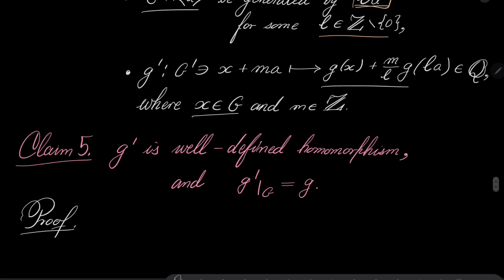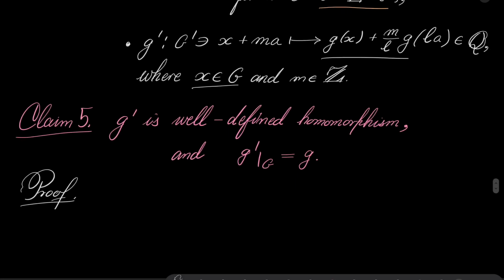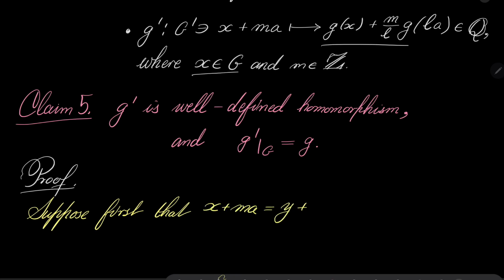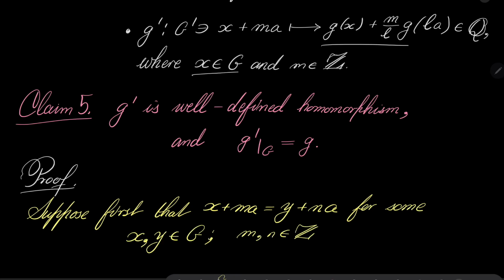What do we have to do? First of all, is it well defined? Because many elements of G prime can be written in this form. So suppose first that x plus ma equals y plus na, for some x and y in our group G and integers m and n.